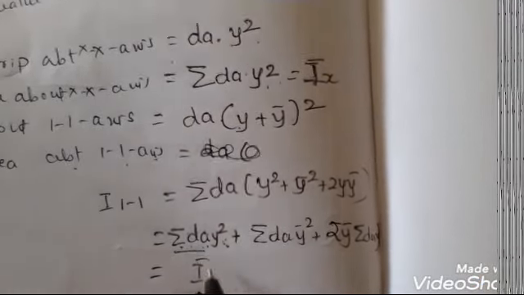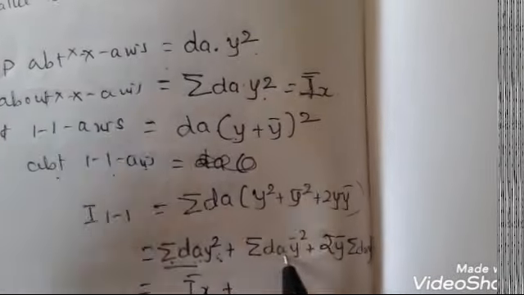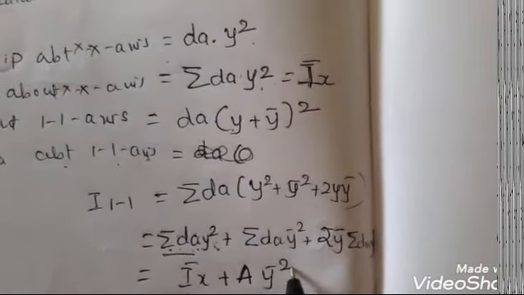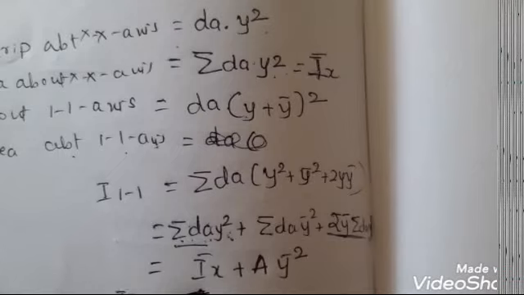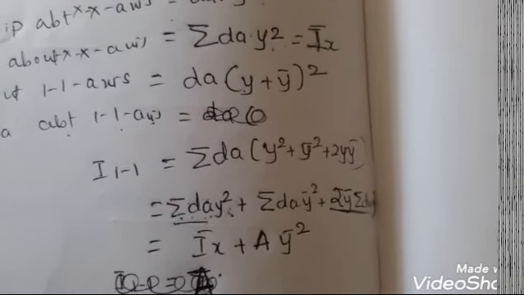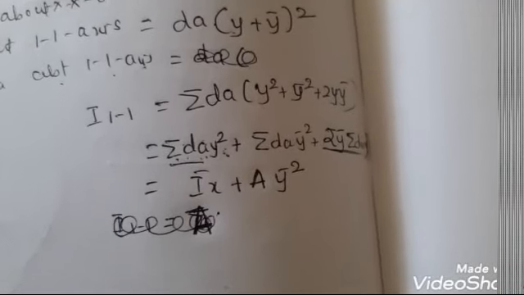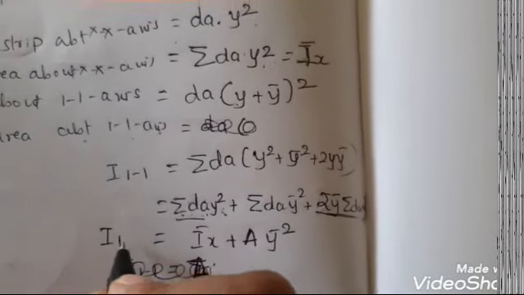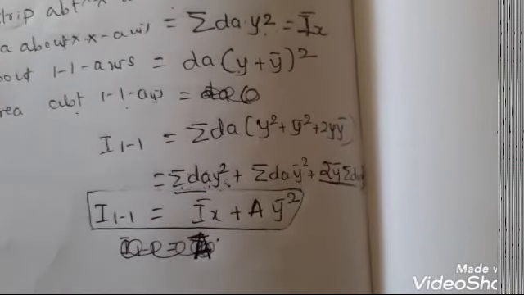So I bar x plus the summation of dA, which is the total area A, into y bar square, and the last term becomes equal to 0, as the distance of the CG of the whole area from the centroidal axis is 0. So I11 is equal to I bar x plus A into y bar square.